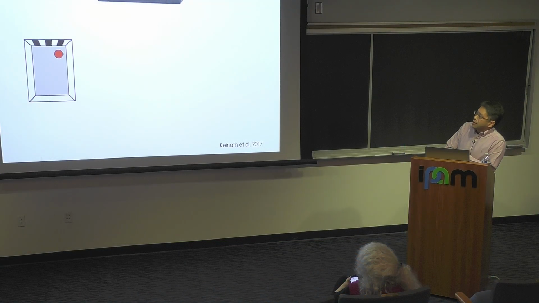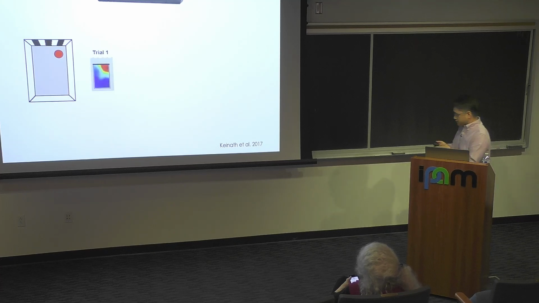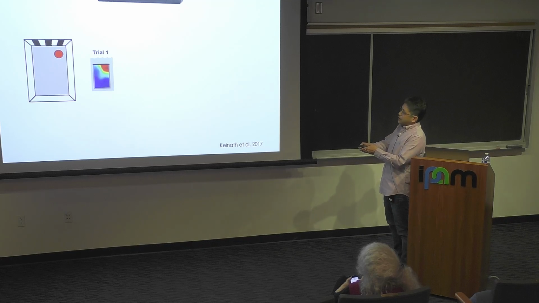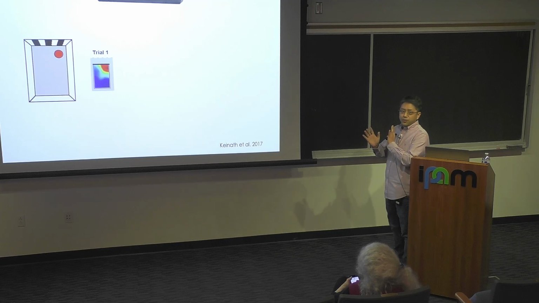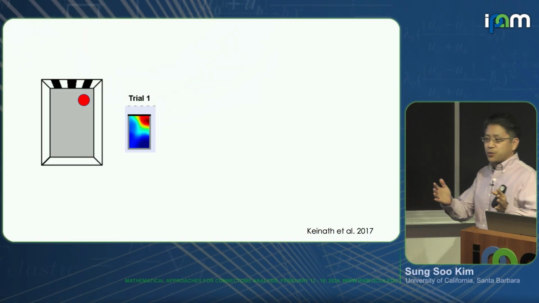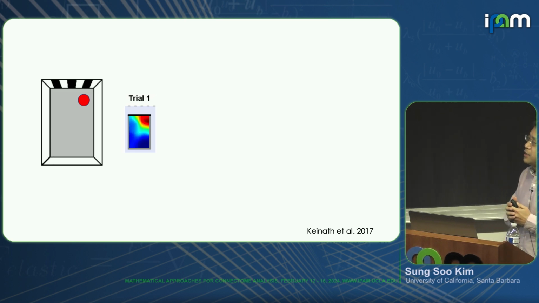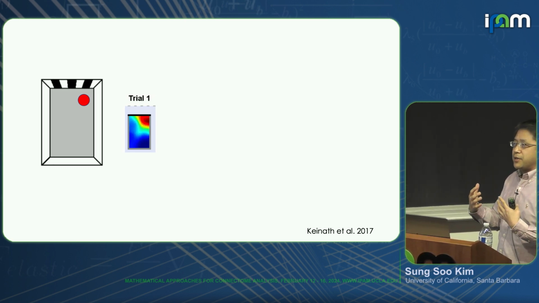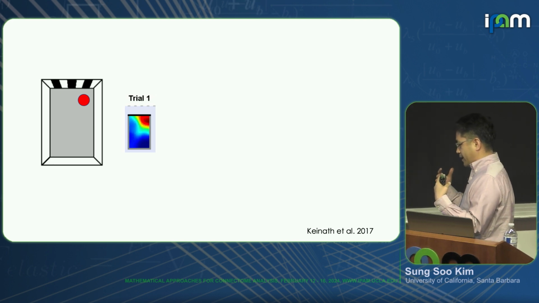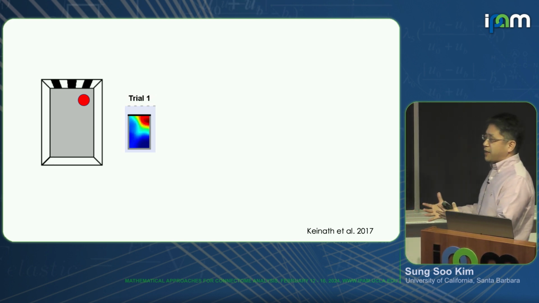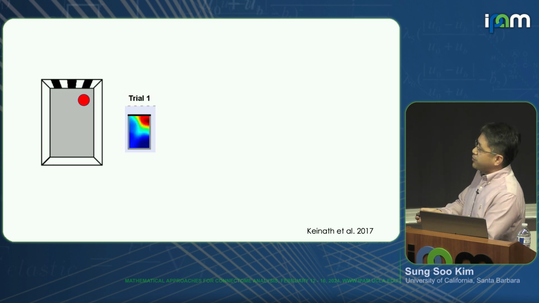And this can be observed not just in the behavior, but also in the physiology. So this represents the response pattern of a set of neurons called place cells. For those of you who are not familiar, place cells are responsive when an animal is at a certain location in the environment. Okay, in this case, this particular neuron becomes active when the animal is in this corner where the food is.